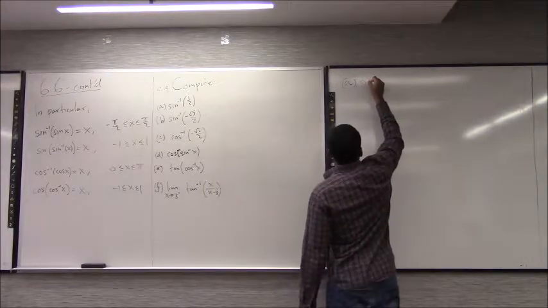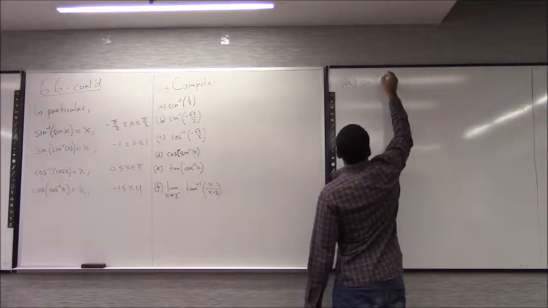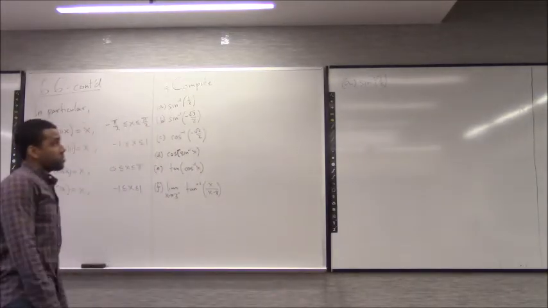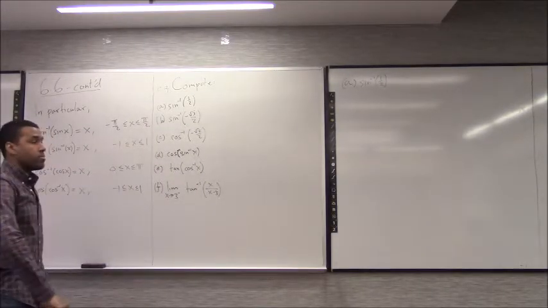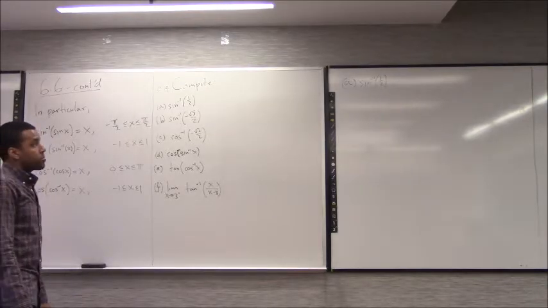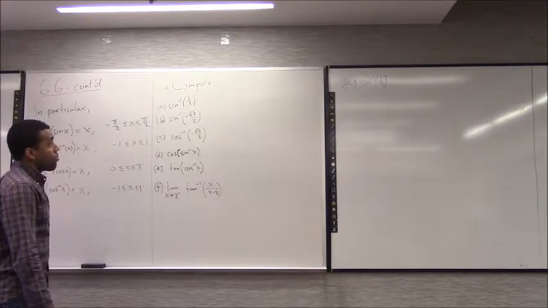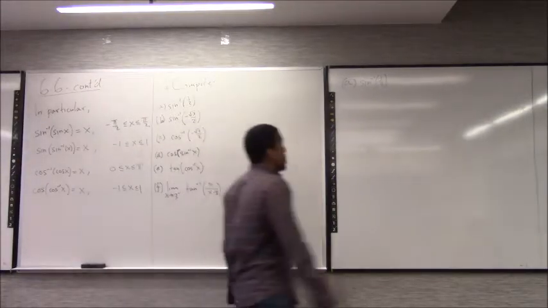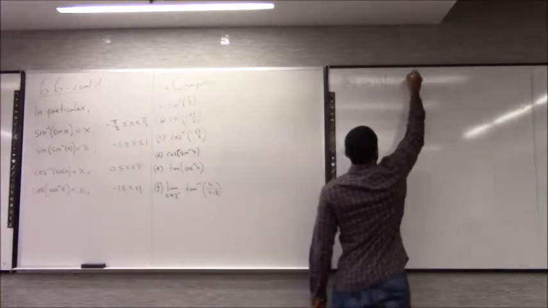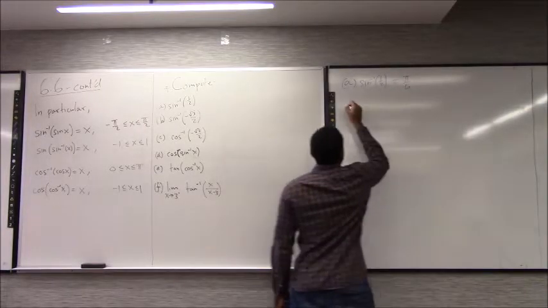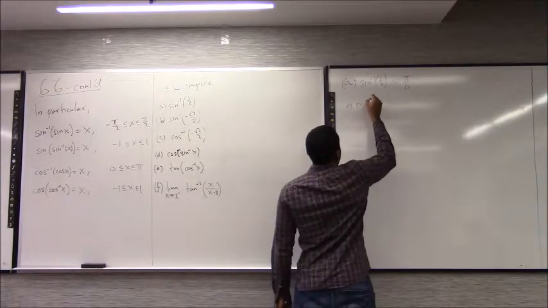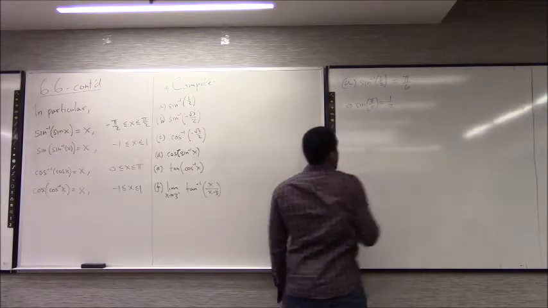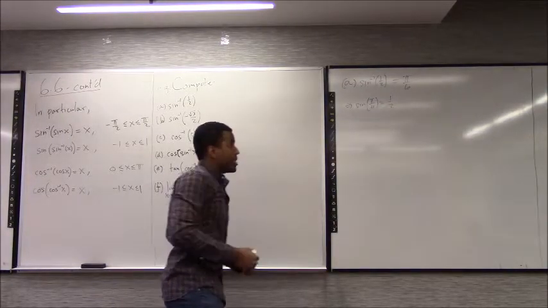How do you find sine inverse of a half? What do you think the answer is? Pi over 6? That one is pi over 6, since we know that sine of pi over 6 is 1/2. And that's basically all there is to it.